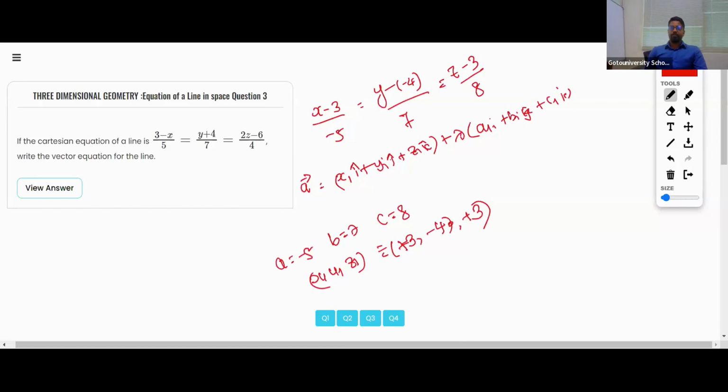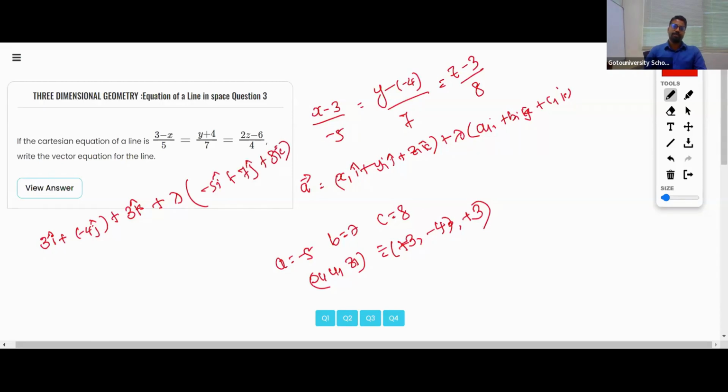In that case, our equation simply becomes, we are going to substitute: 3i plus minus 4j plus 3k, the entire thing, plus lambda times minus 5i plus 7j plus 8k.